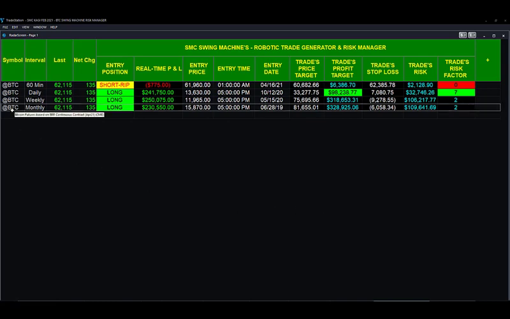If you had bought a futures contract in Bitcoin, or let's just say you bought Bitcoin itself, back on June 28th of 2019, and you put thousands of dollars into Bitcoin at $15,870, you would have thousands of dollars because Bitcoin is trading at $62,000 right now in the futures market.